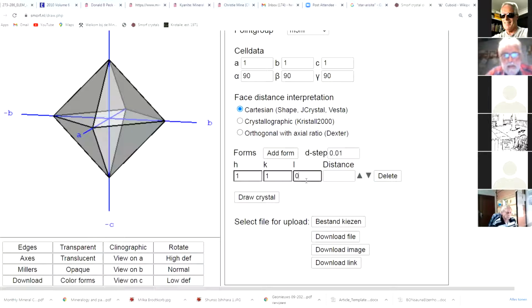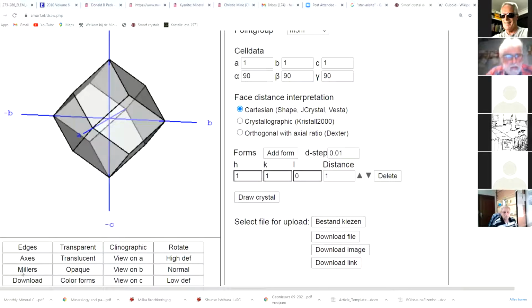In this case, the 110 face is a face that cuts off 1 unit on A, 1 unit on B, but it stays parallel to the C axis. Okay. Oops. Let's draw the crystal and see what we get.